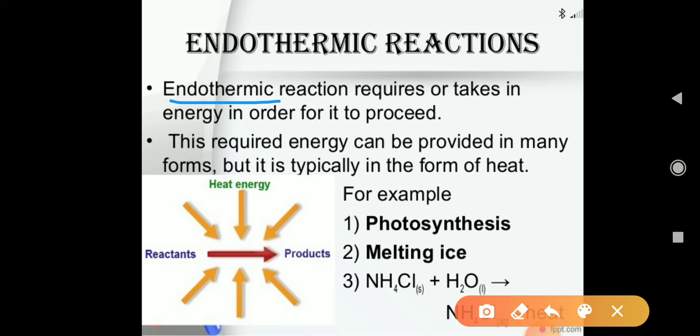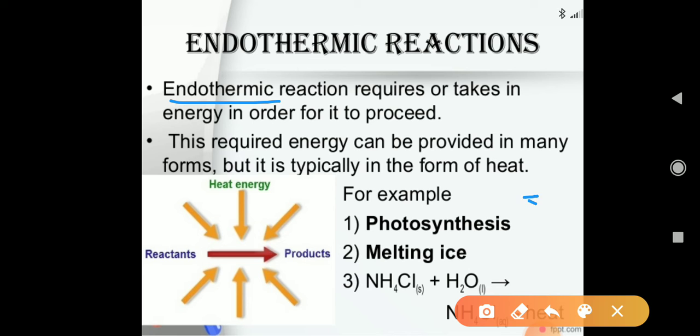So for the reaction to proceed, heat is taken in. This required energy can be provided in many forms, but it is typically heat. Mainly heat energy, and another important form is light energy; either heat or light energy is accepted.